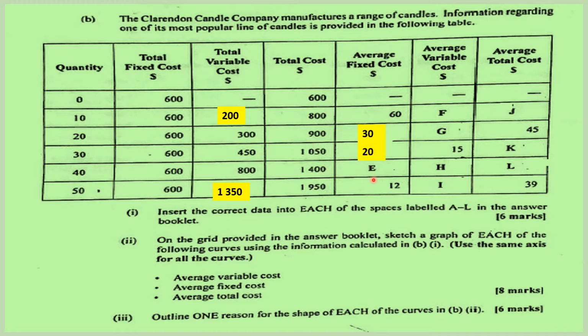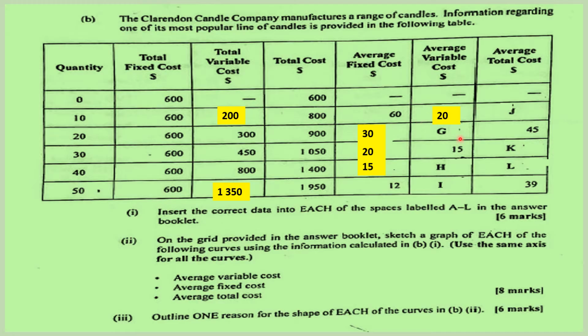And E, the average is 600 divided by 40, and we'll get 15. We go on to F, the average variable cost, 200 we just calculated, divided by 10, and we will get 20.